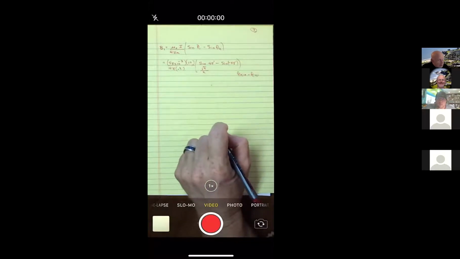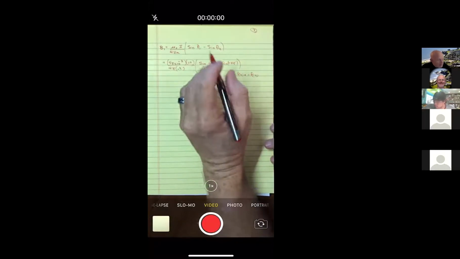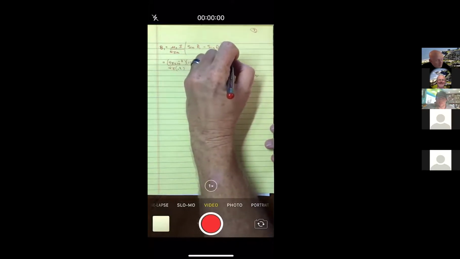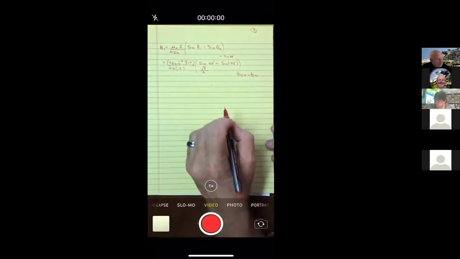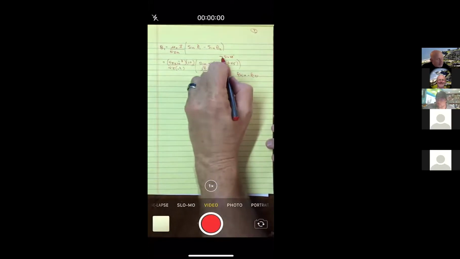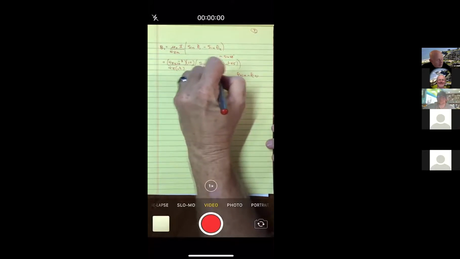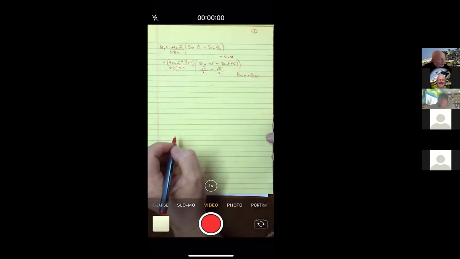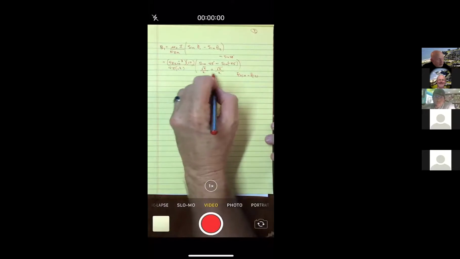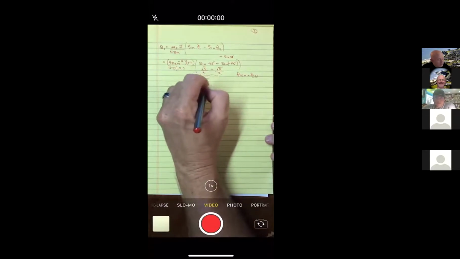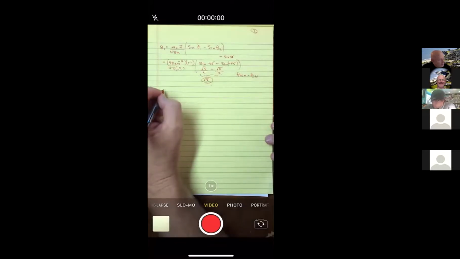So if you have a negative angle, you could replace it with the positive angle of 45 degrees and put the negative out in front. And that negative out in front with that negative make a plus. And then we've got plus root 2 over 2 again. And so you've got two of them added together. And so together that's just root 2.